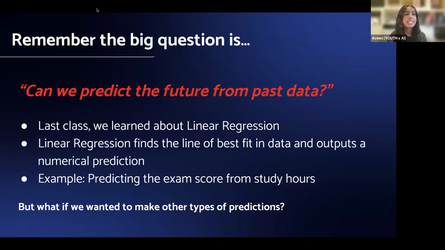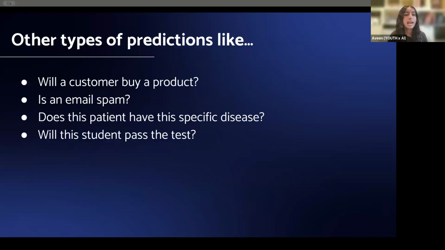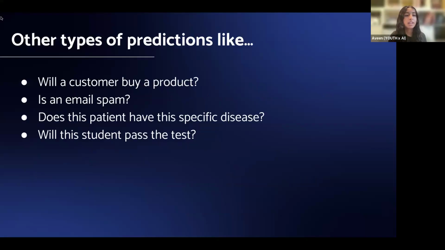But what if we wanted to make different types of predictions? For example, will a customer buy a product? Is an email spam? Does this patient have a specific disease? Will this student pass the test?